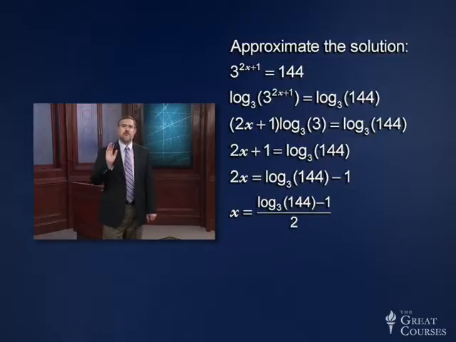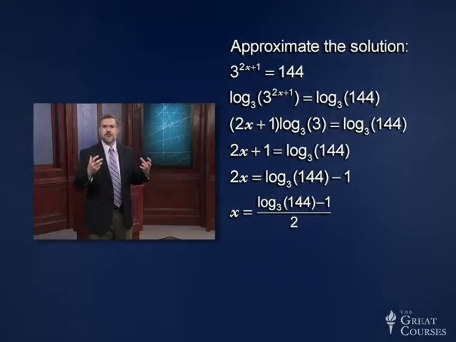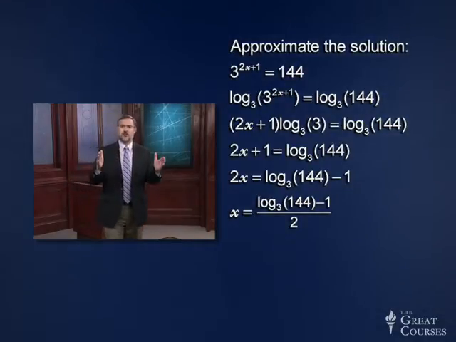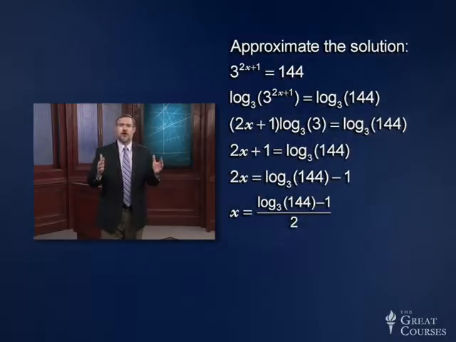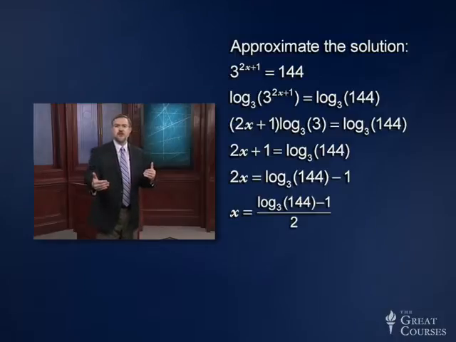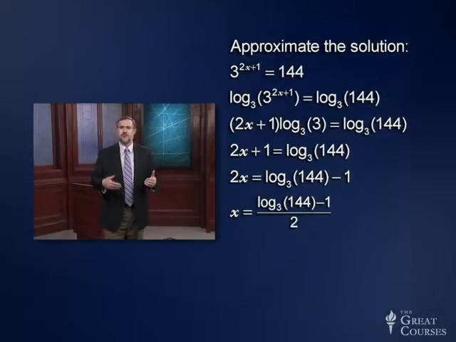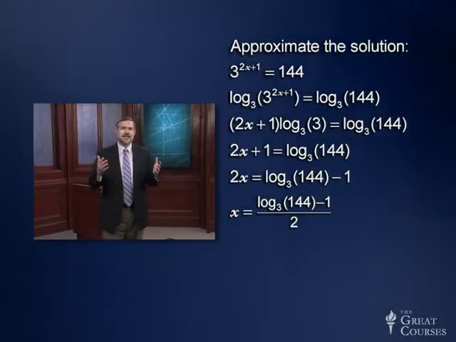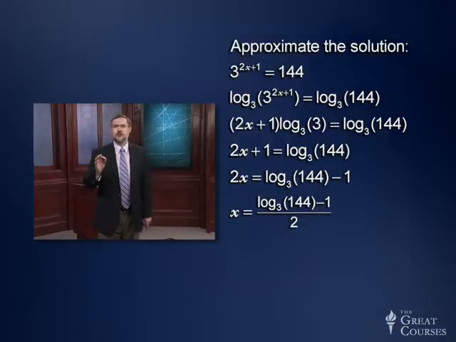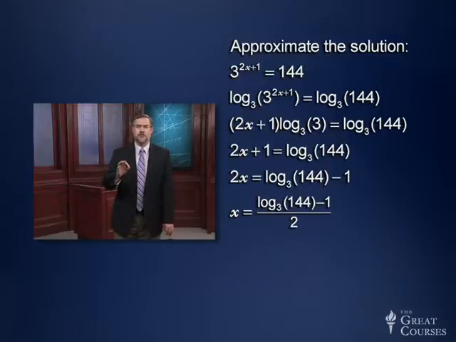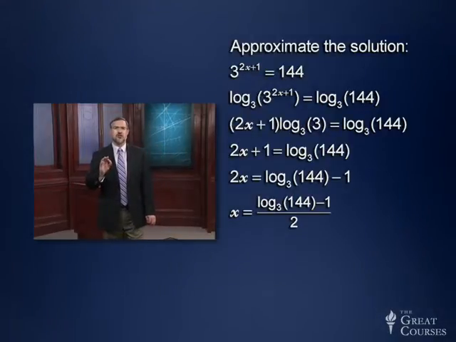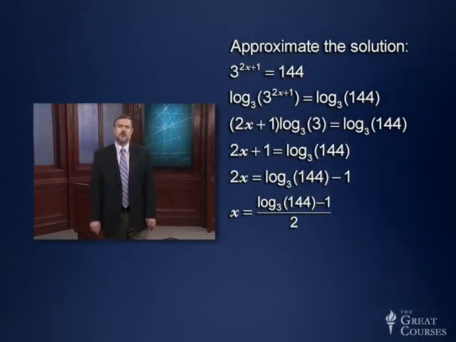Now again, if you're trying to approximate this and actually get a number here for x, at least to a certain number of decimal digits, you're going to need to convert it away from log base 3 into some other logarithm that your calculator allows. And again, most calculators will allow you to do log base 10, which is known as a common logarithm, and that button is often just denoted as log, but it's really log base 10.